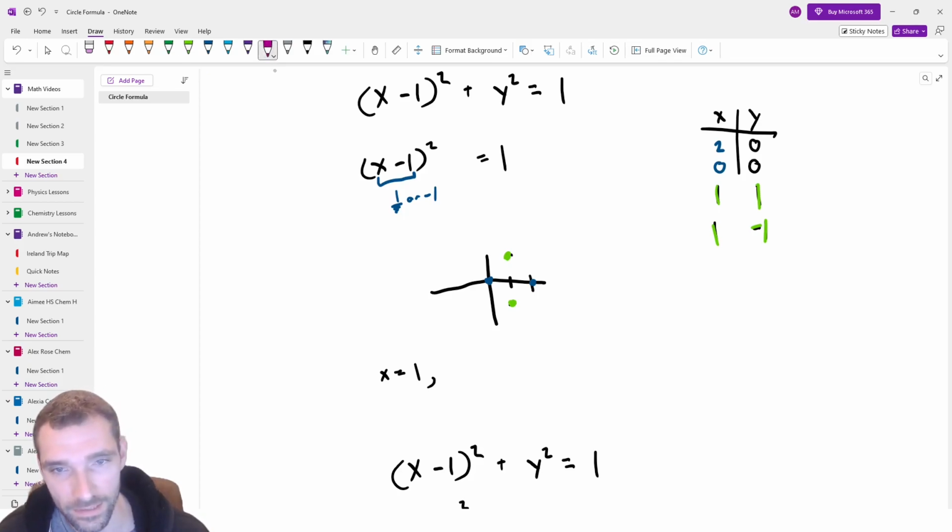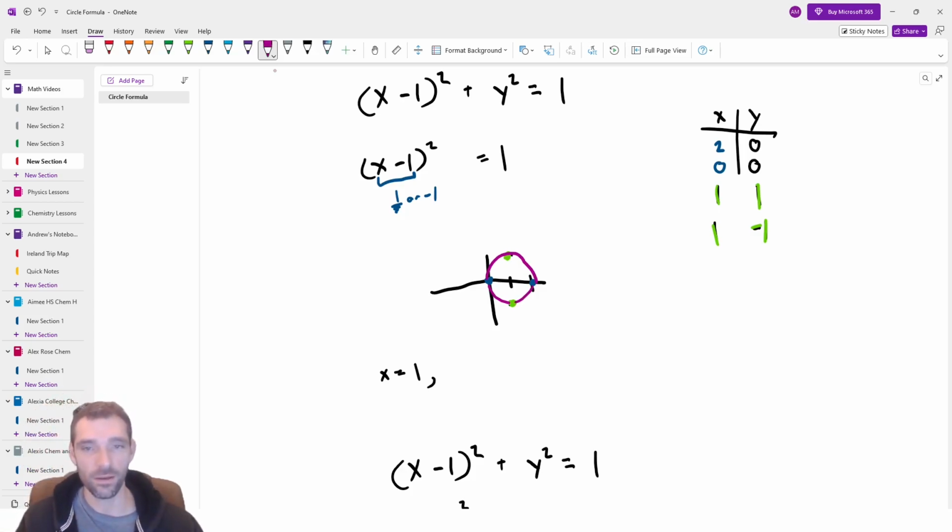So this circle ends up cutting through these different numbers like so, where this is a circle and they're all 1 away from that origin. Because we have a radius of 1, it works out nicely.